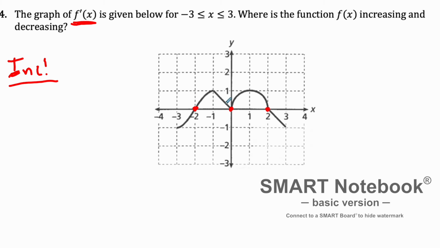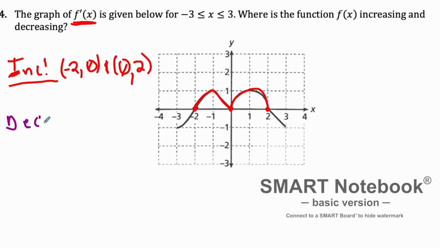So everywhere that this graph is positive, that's going to be part of my increasing. So it's positive here and it's positive here. Okay, so that means I'm going to say -2 to 0 and 0 to 2. And I'm not including 0 because 0 is not positive, it's 0. Okay, so I'm going to take that out.